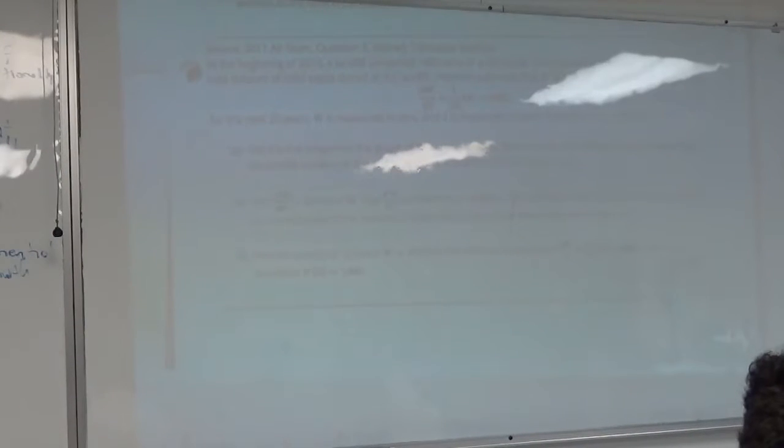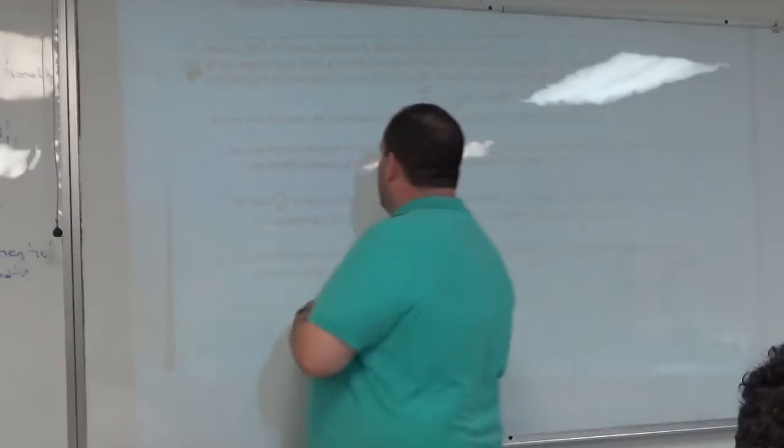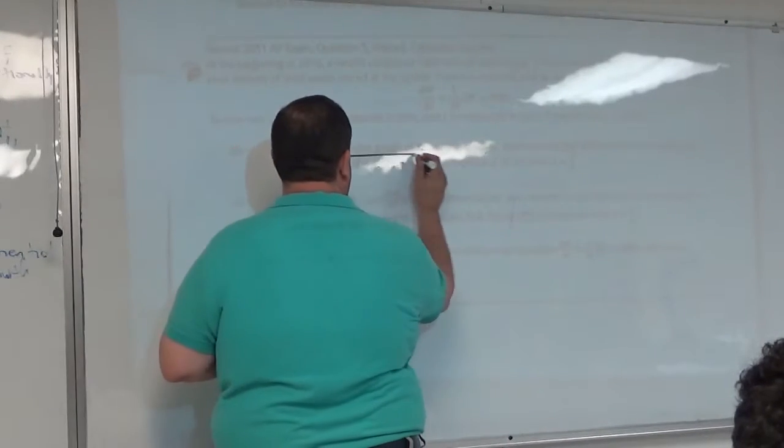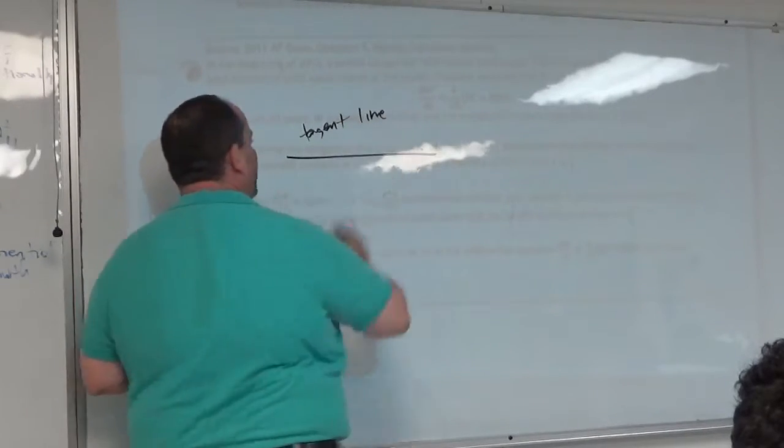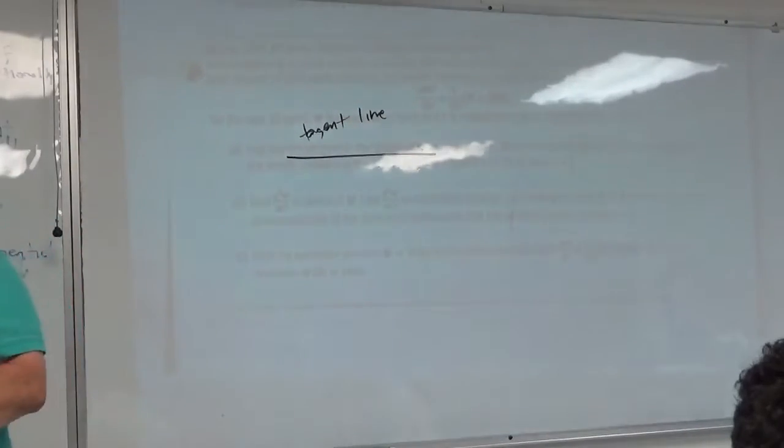One of the mistakes that happens a lot when it comes to differential equations is people get so excited and they just want to start solving a separable differential equation. Don't do it at the wrong time. I'm guessing Part A just says use the line tangent to the graph of W. To come up with the equation of a tangent line, you need a point, you need a slope. That's all we're looking for here.